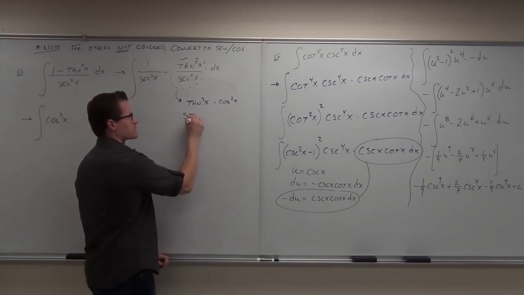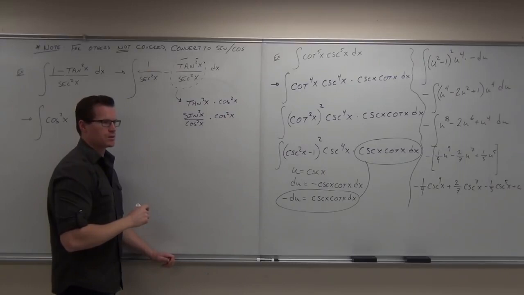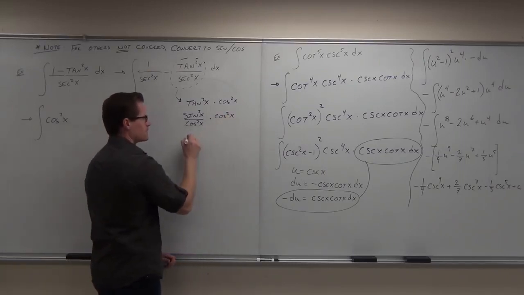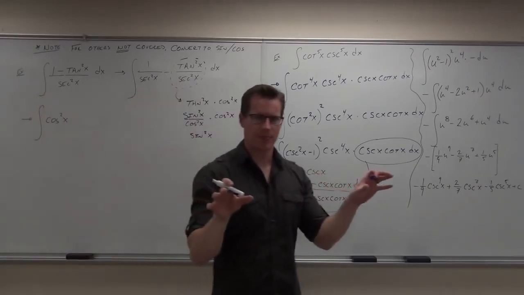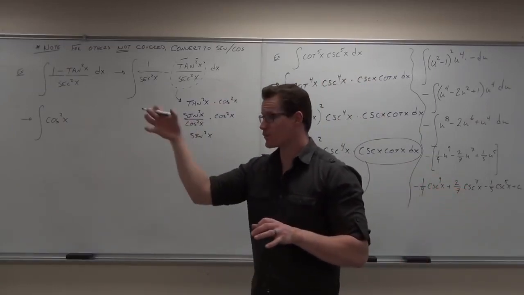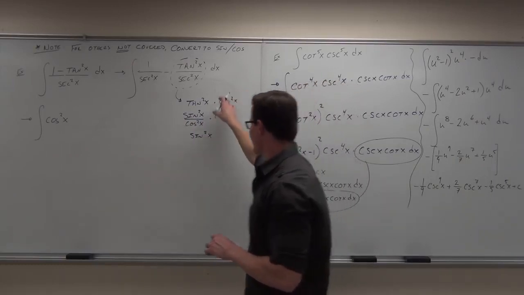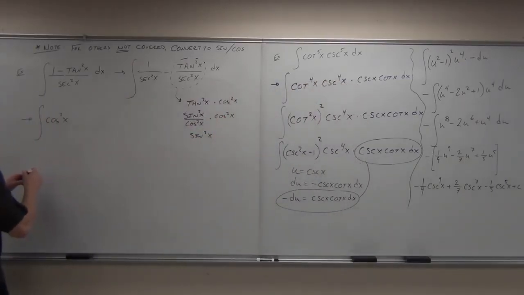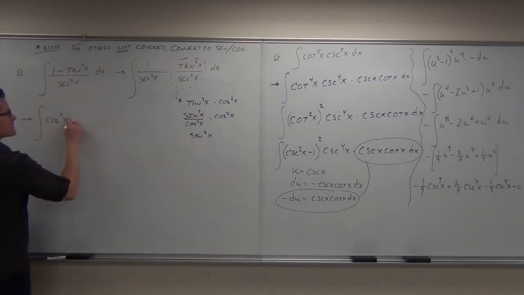So tangent squared is sine squared x over cosine squared x times cosine squared x. What happens here? That's fantastic. So just by doing a little bit of a change here, by pulling those fractions apart, and by using our identities for what 1 over secant squared is and for what tangent is, we can simplify this fraction from this nasty thing to this really nice thing.